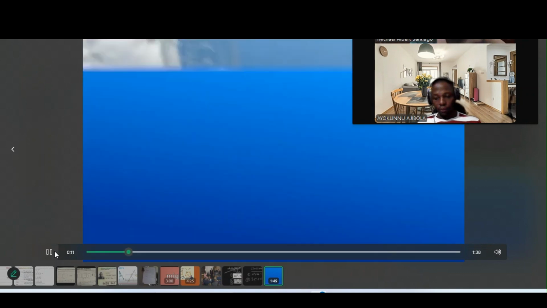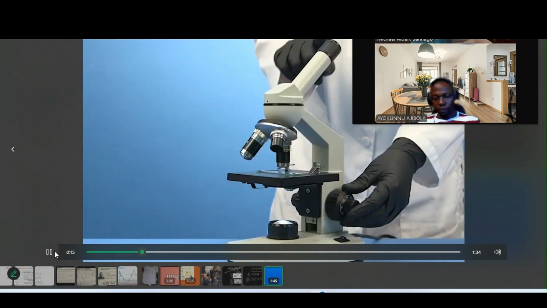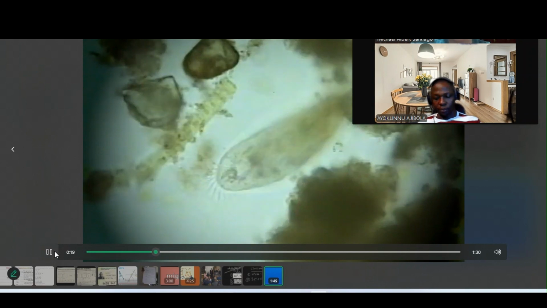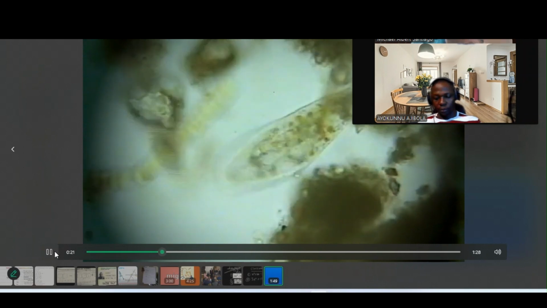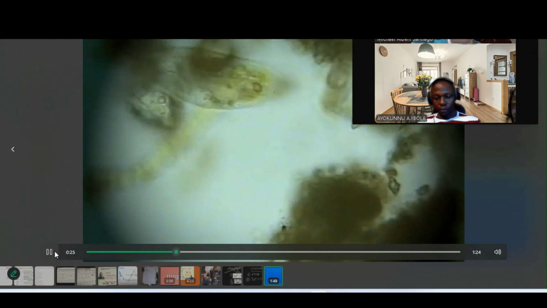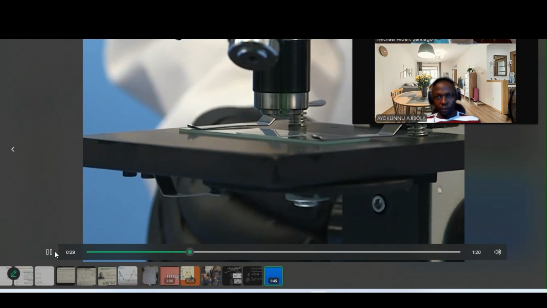If we collect a sample of pond water and observe it under the microscope, what do you think you could see? In this experiment, you will observe microorganisms living in pond water. They are unicellular organisms that can only be visible under a microscope.